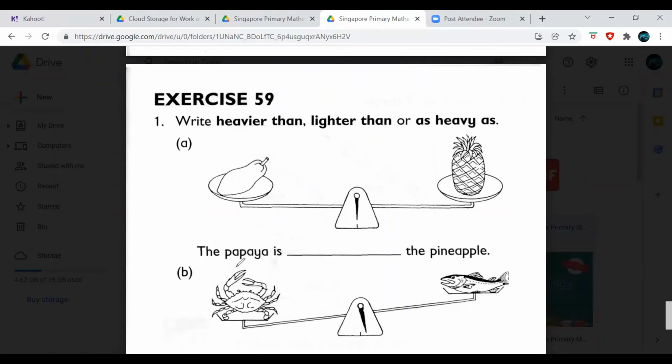So the papaya is something the pineapple, and because we can kind of see the pineapple is tilting the scale to the right, we can say, actually, no, not really.